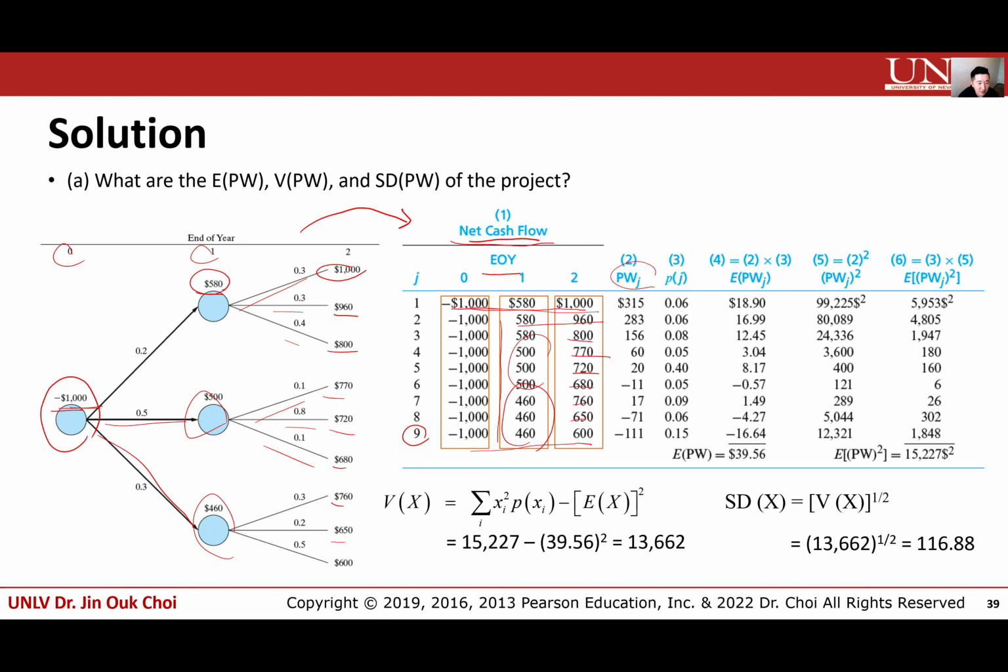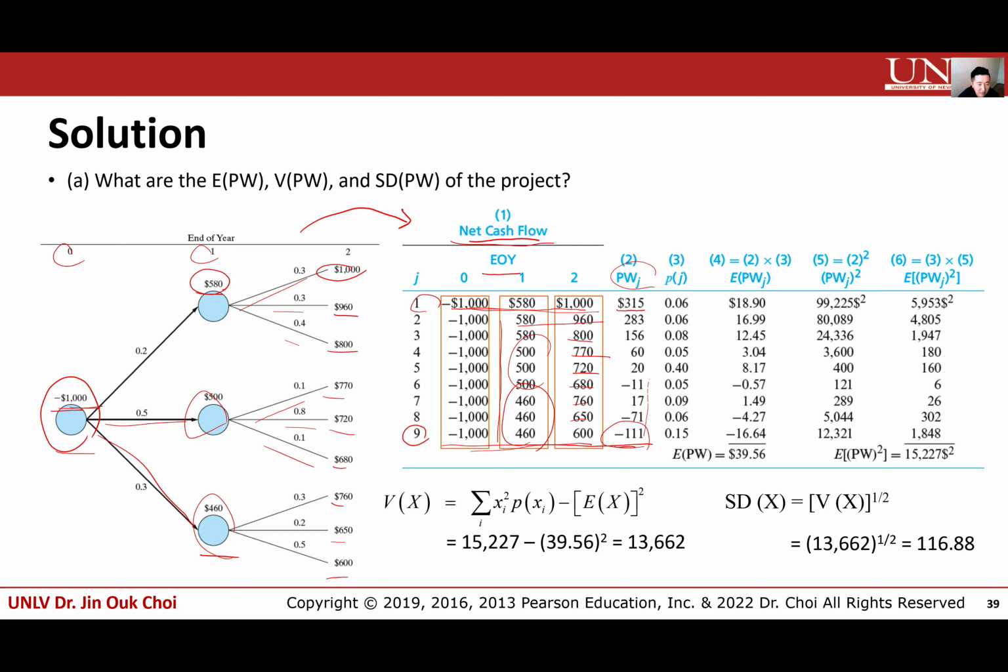When we calculate them, we find that the first scenario, which is the most optimistic value, is $315, and later you will see the last option gives us negative $111 for present worth.